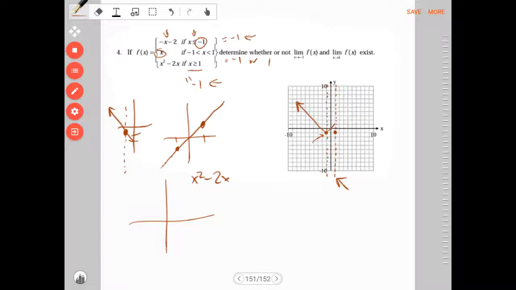So now that we know it's a closed circle, it's not going to line up with the other one, so I can put an open circle there. I didn't want to put an open circle just to fill it in. Now that we know there's a discontinuity there, we just keep going.